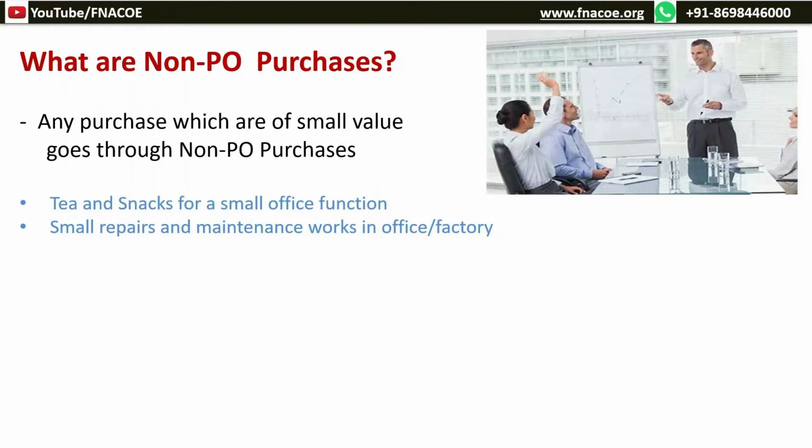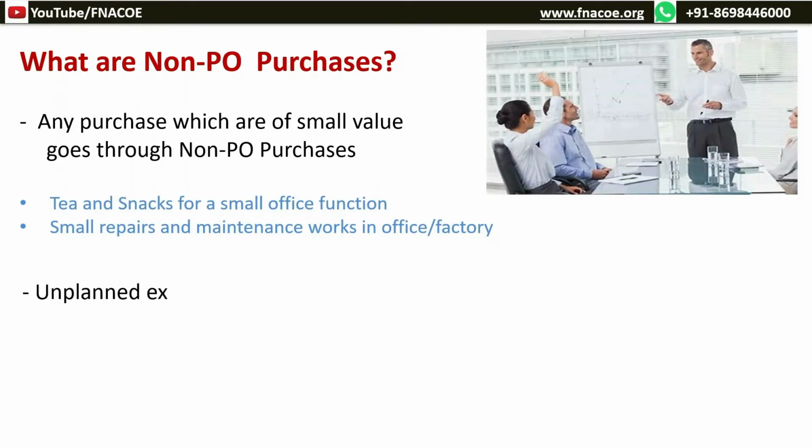This is such a small amount that it cannot go through a standard procurement process, right? I'm not saying impossible, but it is very difficult to go to the market and ask for a quotation for a very small repair, for which the supplier or vendor may not be interested in doing that kind of work.